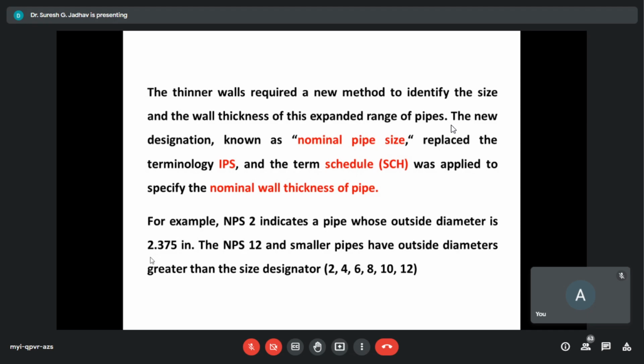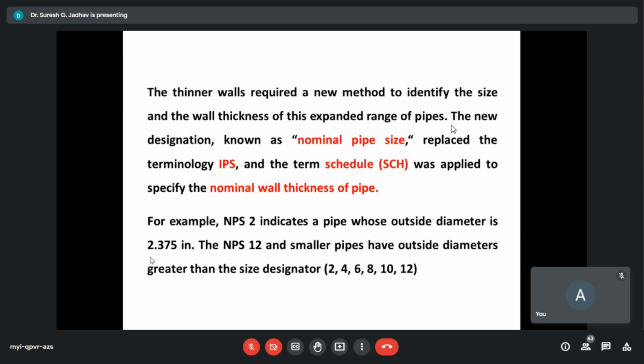Essentially, nominal pipe size is a dimensionless designator. For an instance, NPS 2 indicates a pipe whose outside diameter is 2.375 inch, and likewise for NPS 12 and smaller. Here, in the other example, NPS 12 and smaller have an outside diameter greater than the size designator, that is 2, 4, 6, 8, 10.